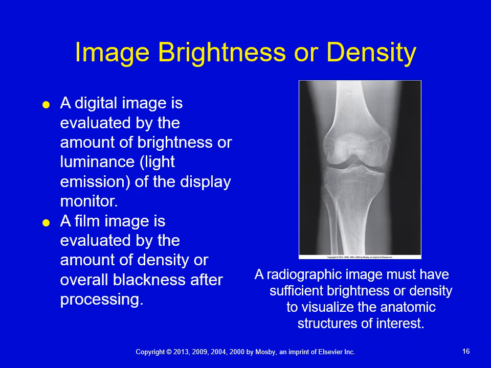The reason for that is with digital, the computer system actually adjusts and controls the density more than the mAs. So again, digital images, we use the term brightness. Film images, we use the term density.